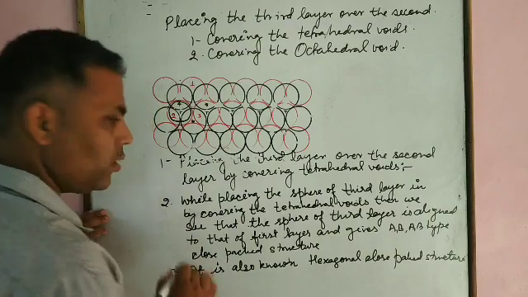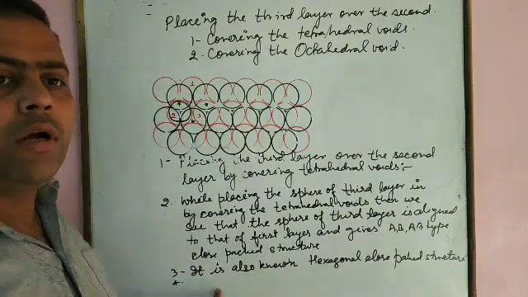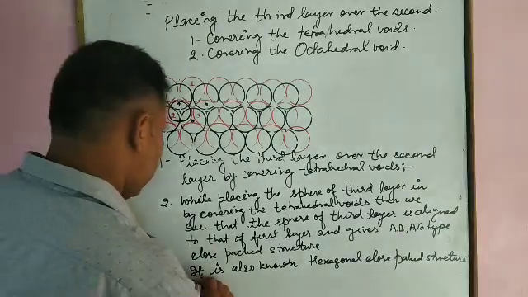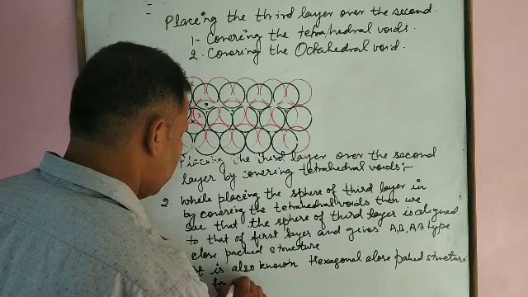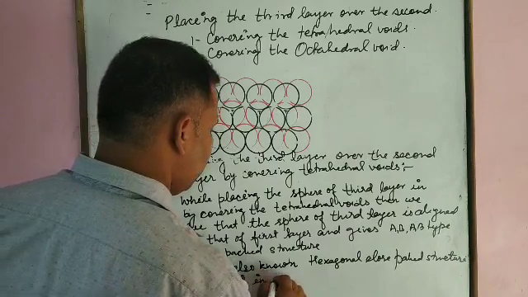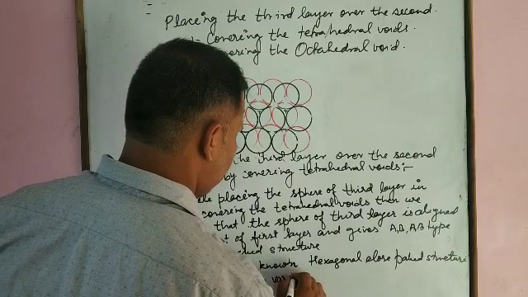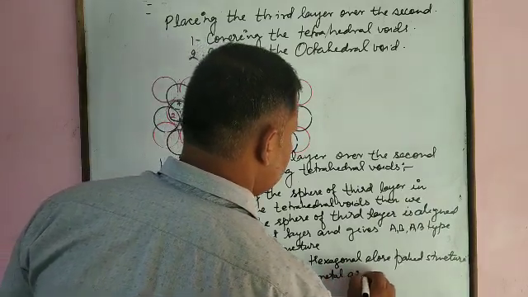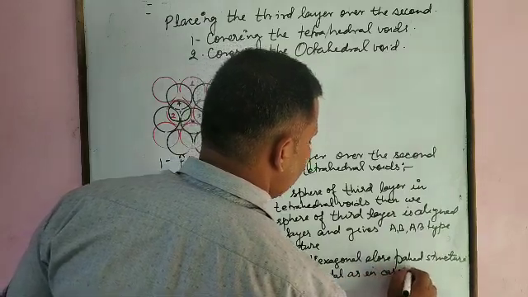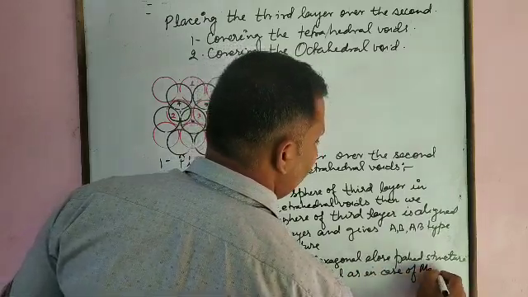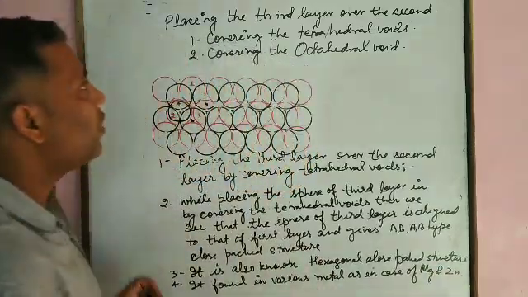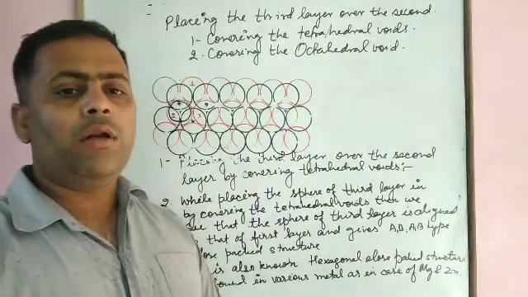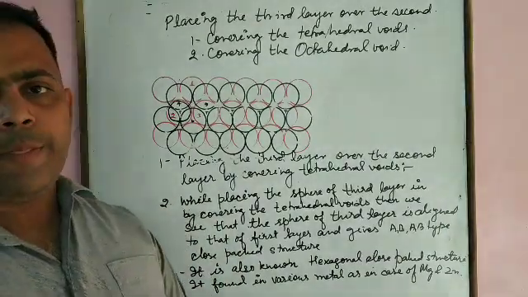It is found in most metals, as in the case of magnesium and zinc. What we have studied: we are going to place the third layer over the second layer.